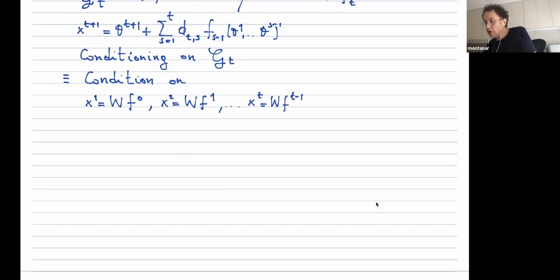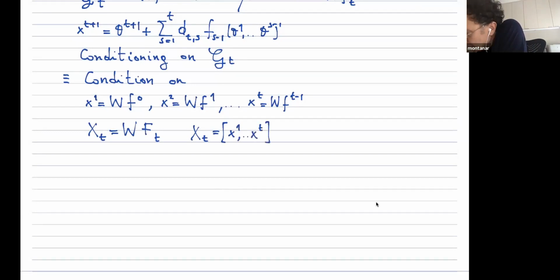So if you give me all the vectors up to time t, it means that I know that all these equations hold. So I can write this in matrix format as X_t equals W F_t, where for instance X_t is the matrix that has columns x_1 to x_t, and F_t is the other matrix.